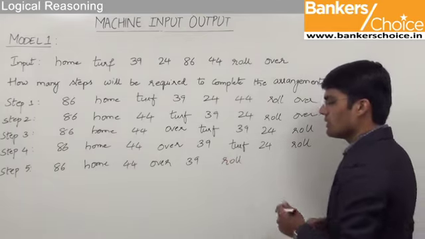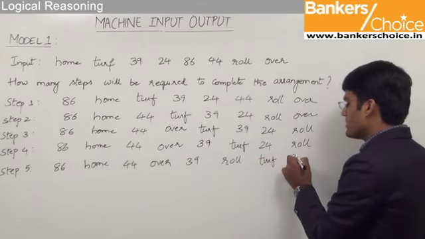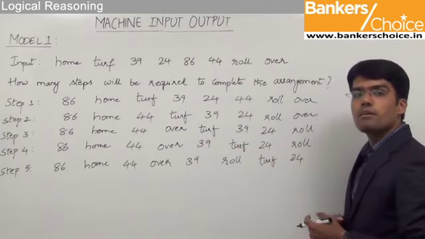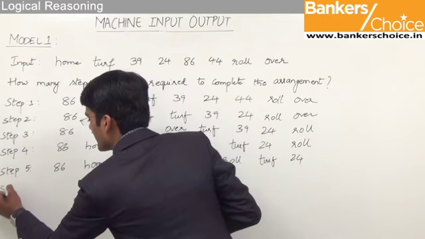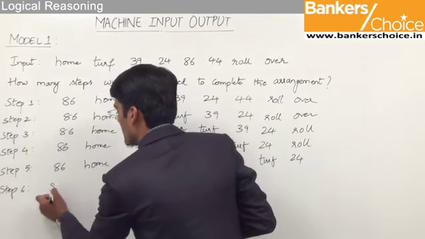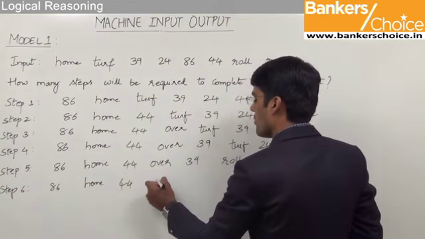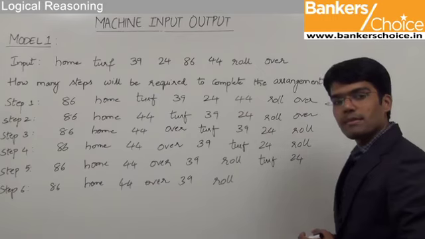So let us bring roll to the 6th position, followed by turf and 24. That is, we have got roll in this place and remaining 2 have been just pushed to the next 2 positions. Now in step 6 we have 86, home, 44, over, 39 and roll at their correct places.